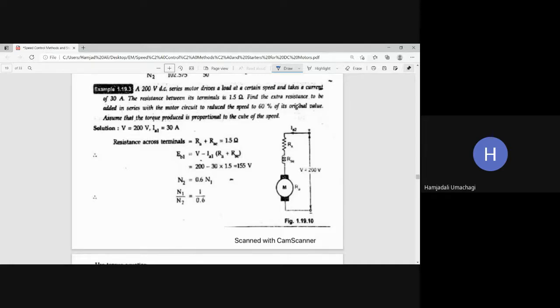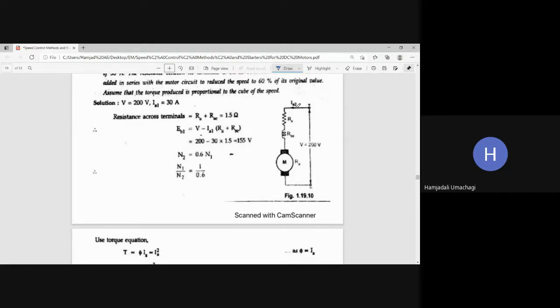I hope this problem I have covered already in the previous class. Yes? Yes or no? I have covered this problem, I think. Am I audible to all of you? Yes, sir.